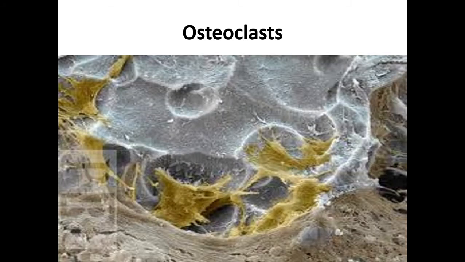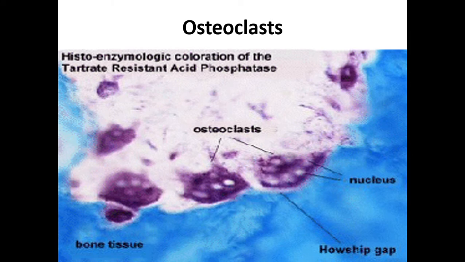Here is an illustration of the osteoclast found in concavities of the bone tissue. In another illustration we can see the ruffled border and the nuclei inside the osteoclast, which appear hollow because of the stain that was used.